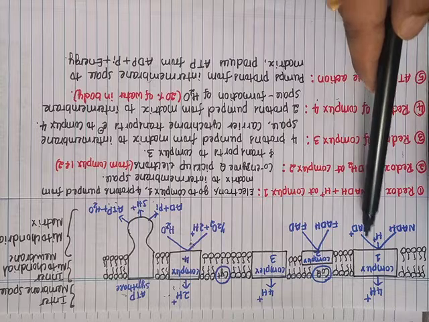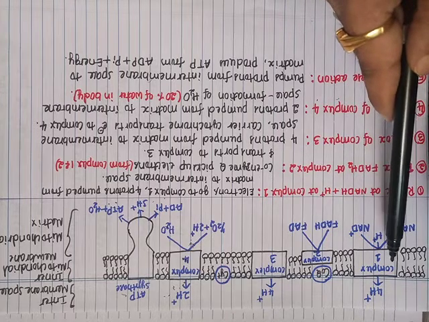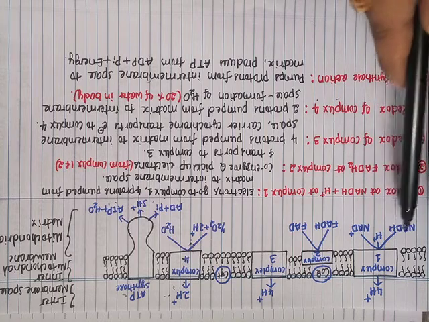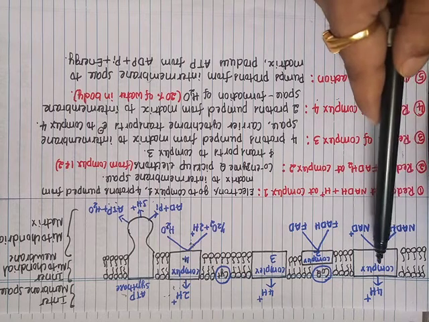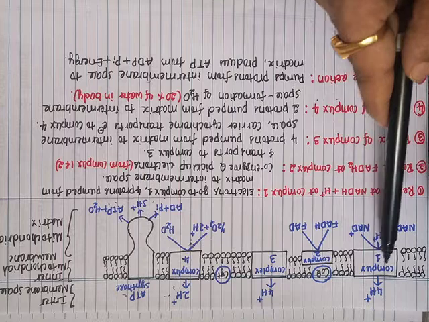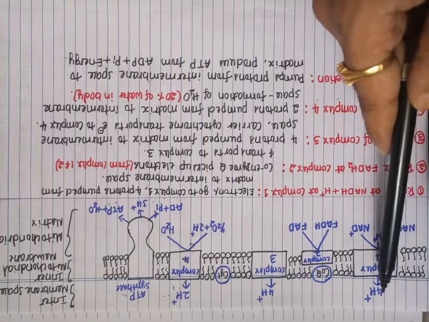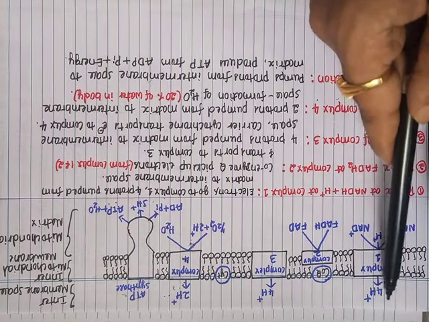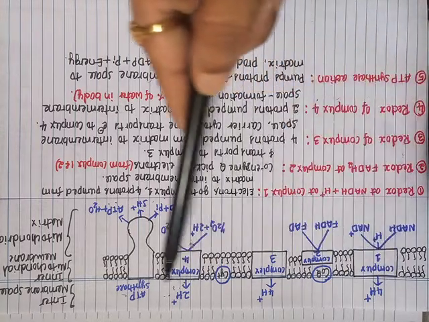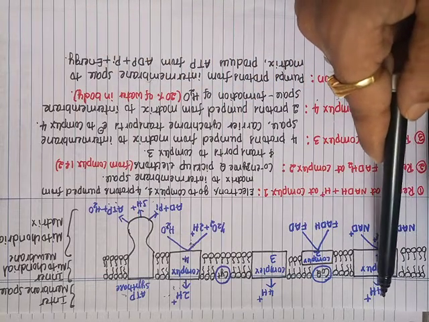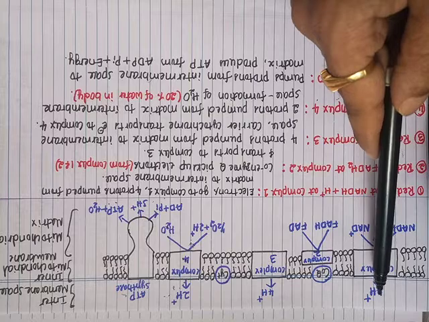At complex 1, the electrons released when NADH undergoes oxidation go into complex 1. From complex 1, 4 protons are pumped from the matrix to the intermembrane space.